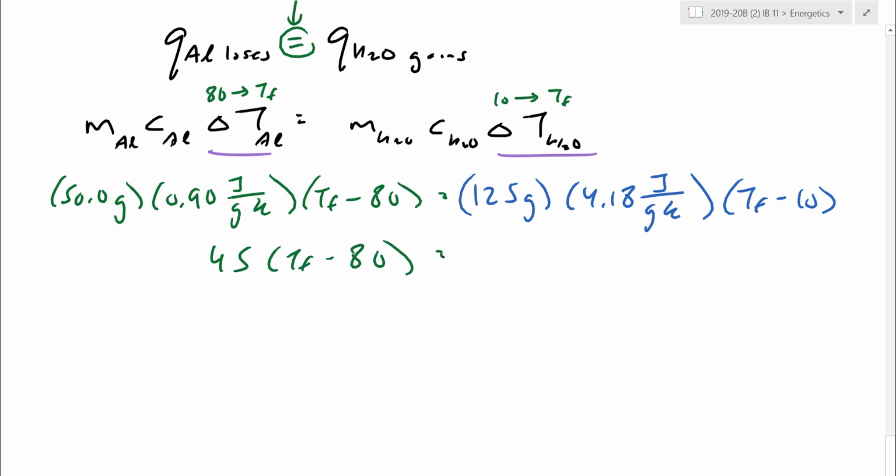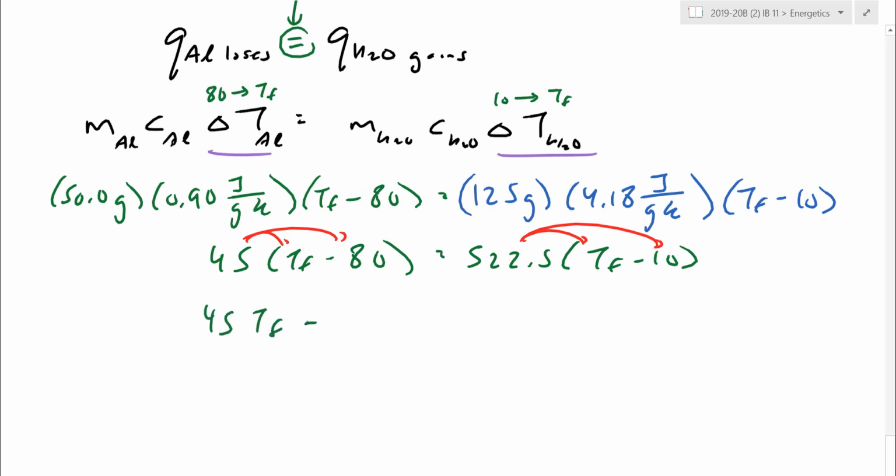This is equal to 125 times 4.18, which gives me 522.5 (T_F minus 10). Next step, I want to distribute, to get rid of this binomial. So I'm going to get 45 T_F minus 3600, equals 522.5 T_F minus 5225.